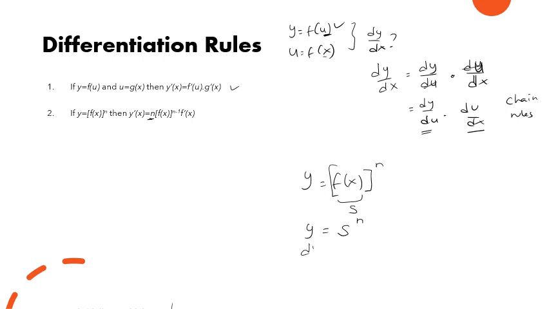Now you know that dy/ds, if you derive that with respect to s, becomes n times s to the power n minus 1. Then how does it become dy/dx?